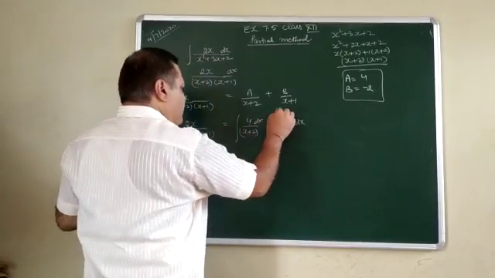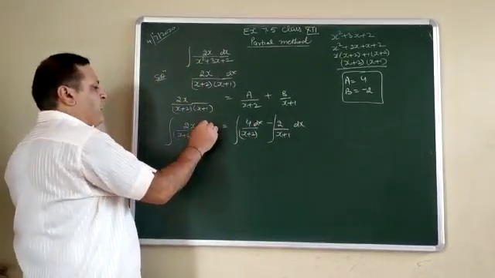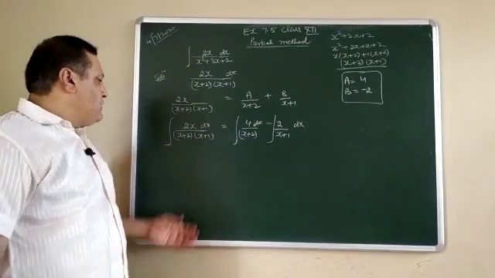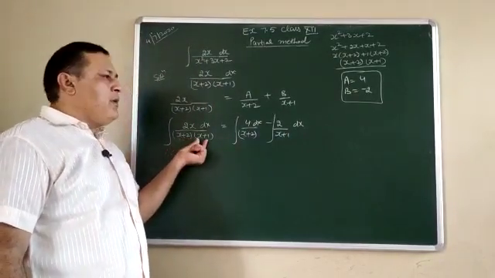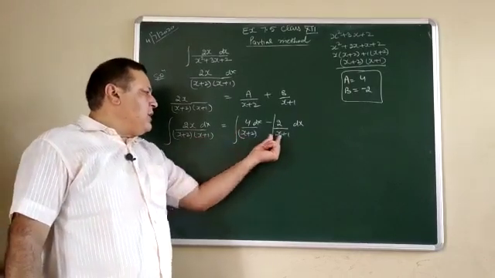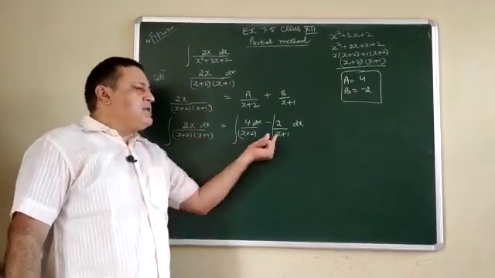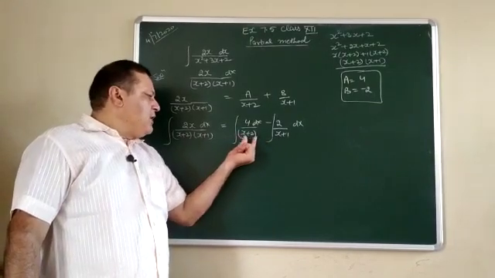This function is broken into two different functions. Now it is for us to integrate. See, these terms are in the form of denominators, but they are separated, and it is easy for us to integrate.